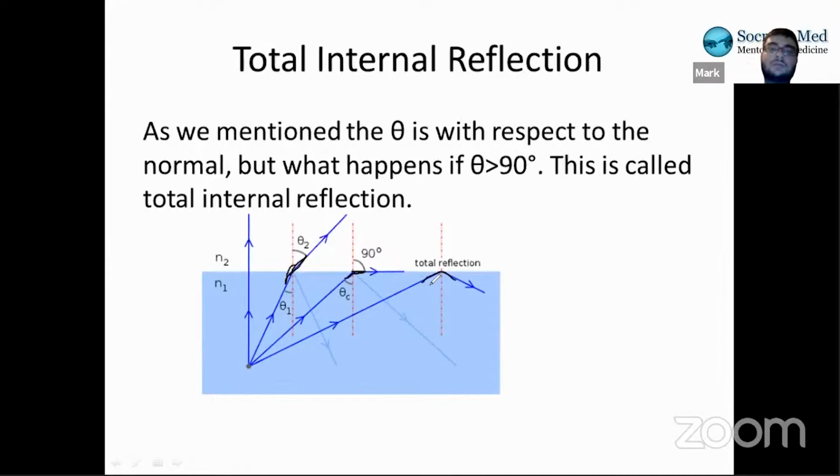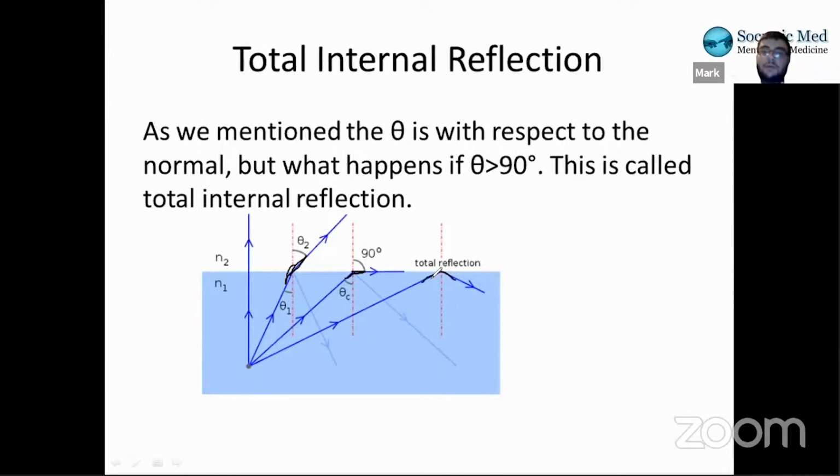Total internal reflection can only happen when you're going from a higher index medium to a lower index medium. So say water to air or glass to air. It can never happen when you're going from air to water. The reason for that is actually because when you're going from air to water, like I mentioned, from a lower index to a higher index, the angle actually has to decrease, right?